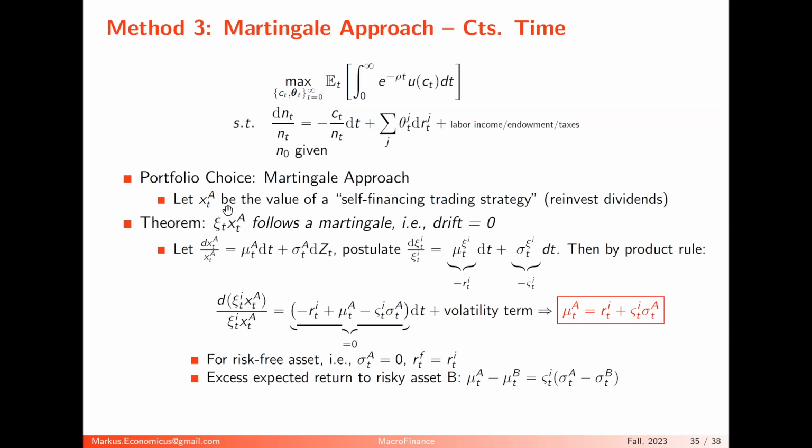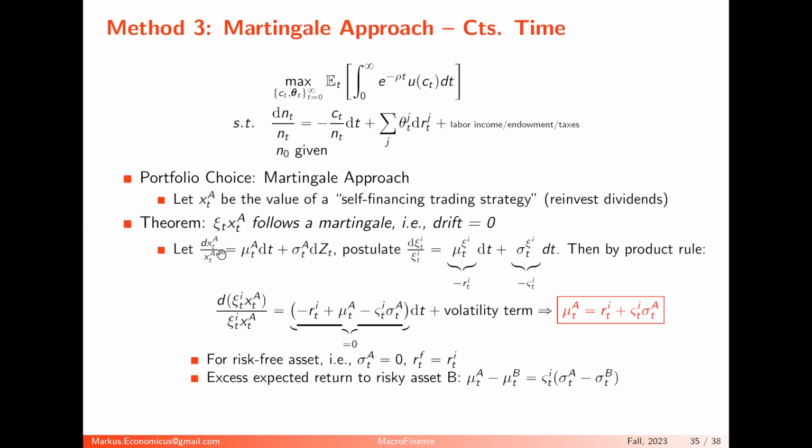Let me take any self-financing trading strategy, like taking the dividends and buying more Microsoft shares, and take the value of this mutual fund. Let me say, take any self-financing trading strategy with a certain drift and a certain volatility. You live in a probability space where you can only load on this one Brownian.